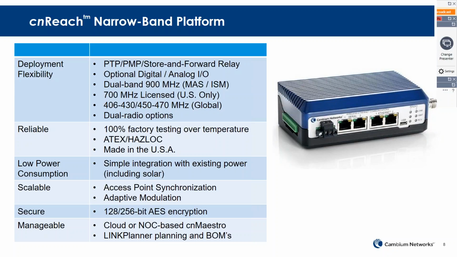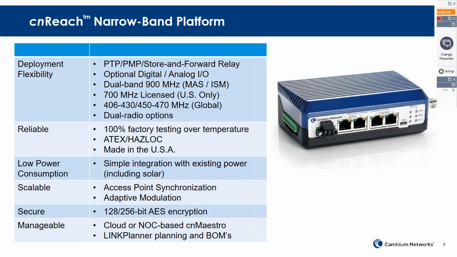But when you consider cost and your deployment environment, you may end up having to deploy narrowband product. So there you go. You have this cnReach platform to help you implement your network.